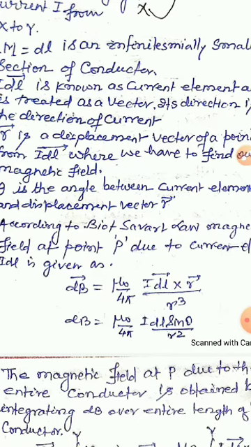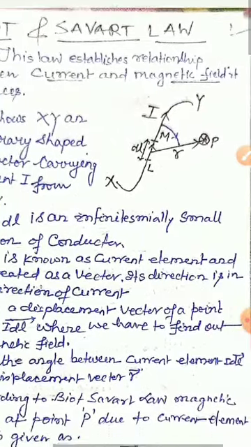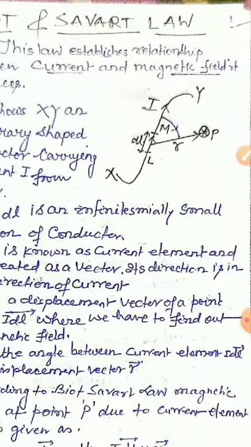The direction in which it will go will be the direction of magnetic field at the point. So here when we rotate a right-handed screw from I dl to r, the direction is clockwise, so it will go inside. So magnetic field at point P is directed perpendicular to the plane of the paper and pointing downward.